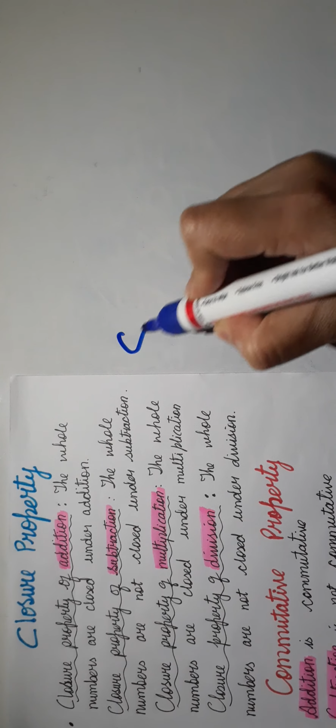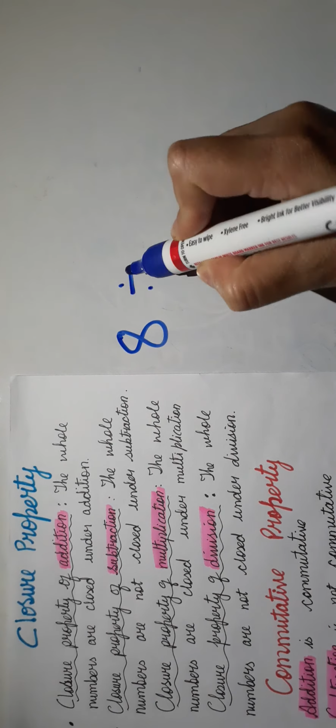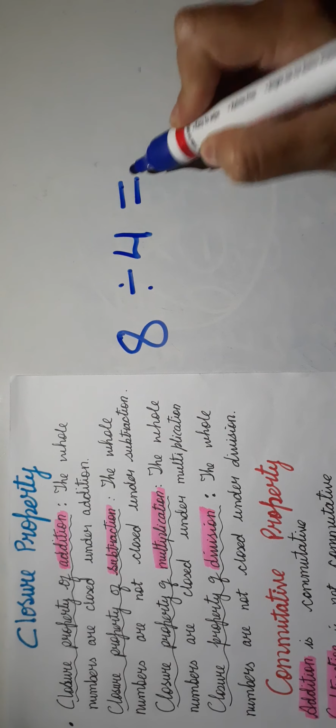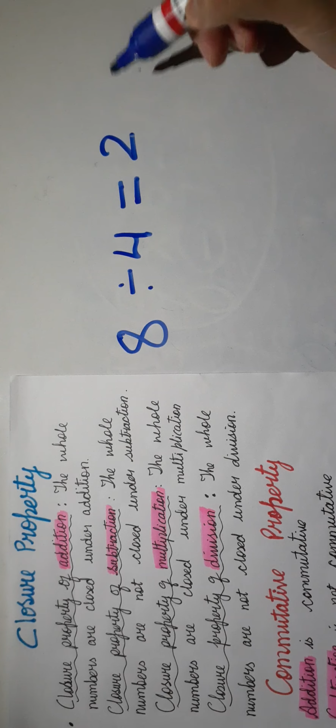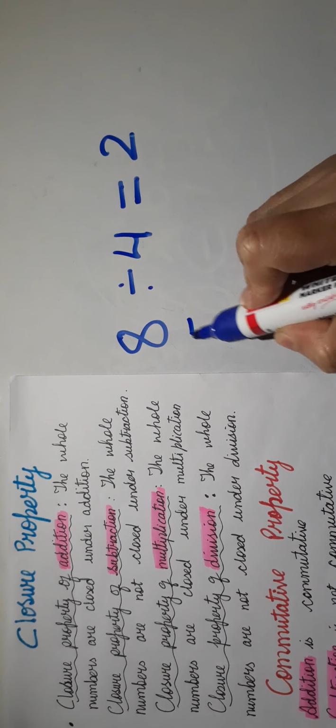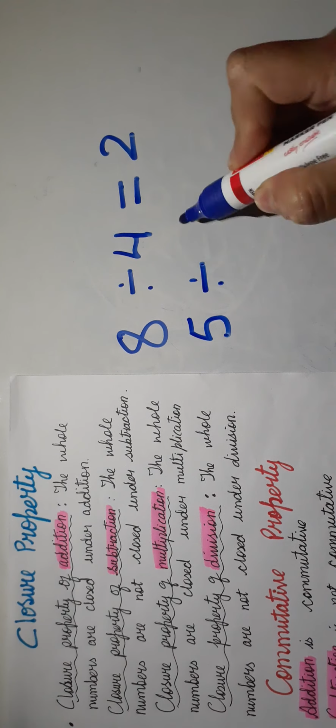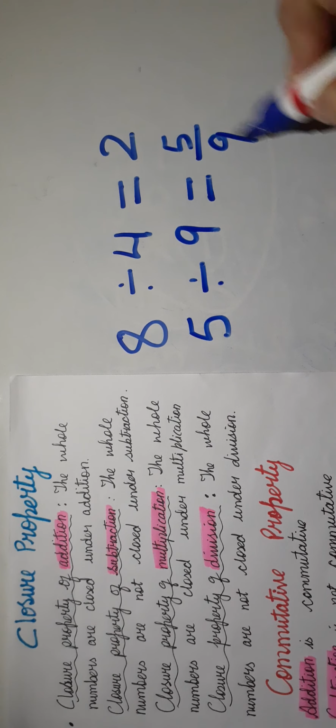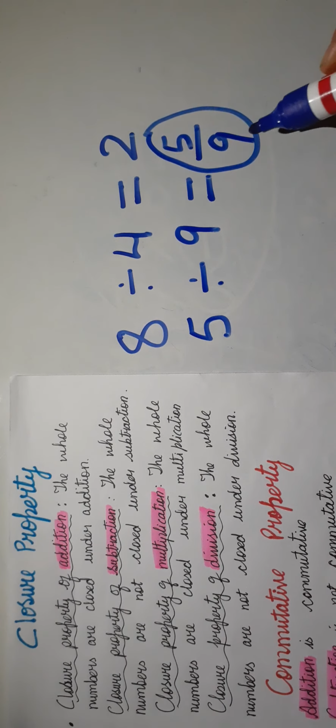Closure property of division. The whole numbers are not closed under division. If I take one whole number, I divide by another whole number, my answer here is still a whole number. But now if I take one whole number and I divide by another whole number, my answer here is not a whole number.